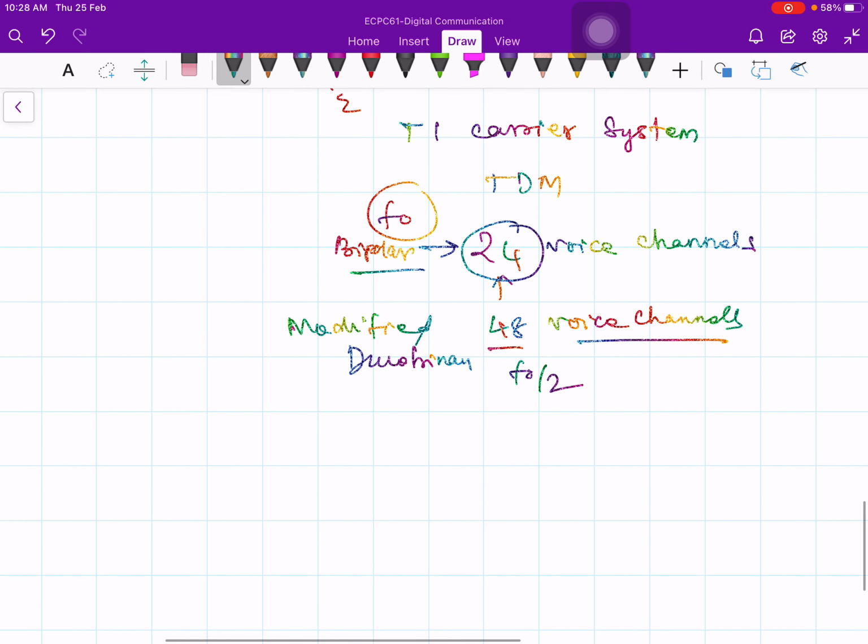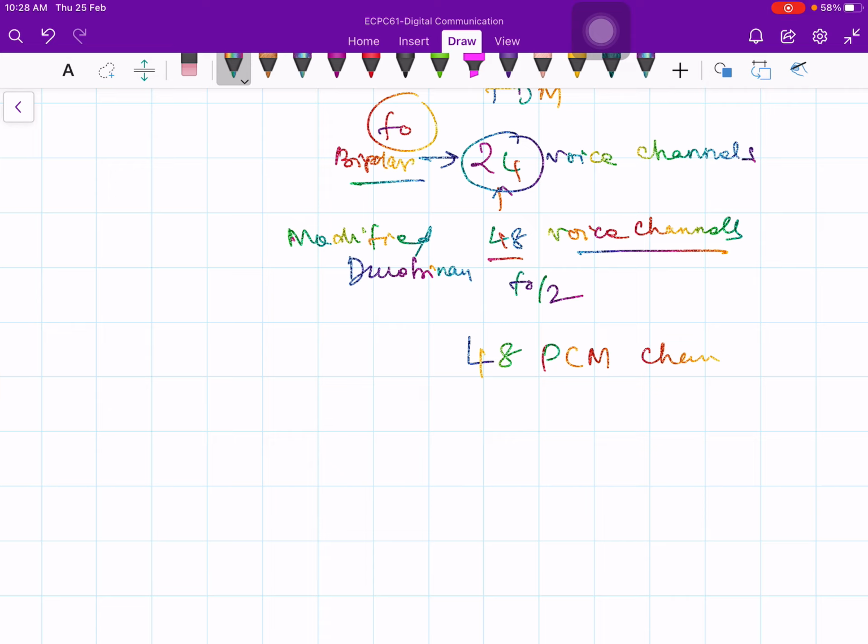So one could build repeaters which could transmit 48 PCM voice channels. Now here we are talking in the American context, because Lender was an American and he introduced this scheme in the United States of America. Therefore, we could use 48 PCM channels over the same bandwidth as was earlier being used for 24 channels.